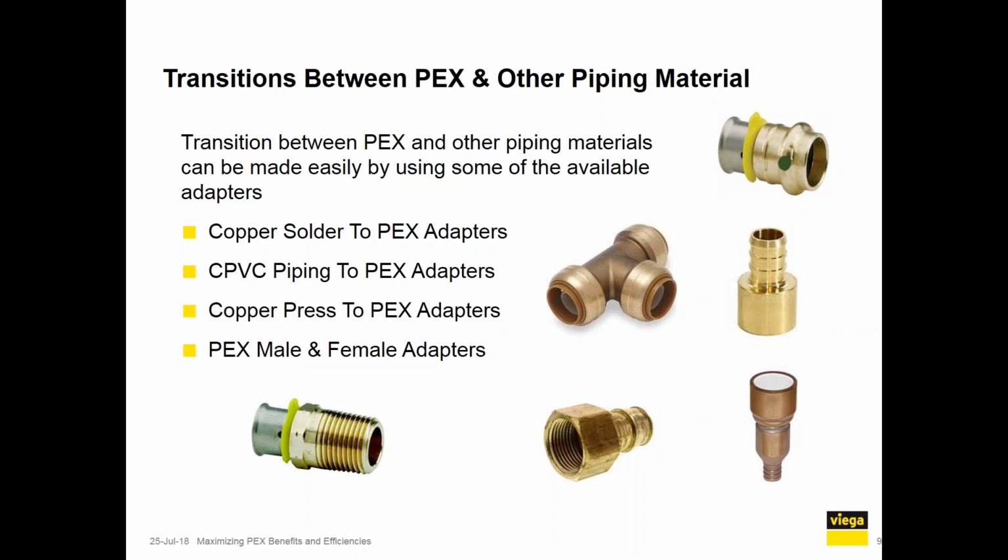You could be using a CPVC adapter and transitioning CPVC to PEX. Or there are several varieties of threaded adapters and push fittings as well. So those are several options when you may tie into an existing system, or you're looking to use multiple materials for performance or design characteristics on a job.